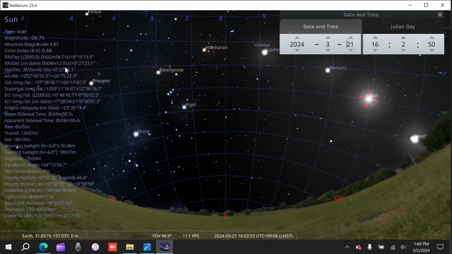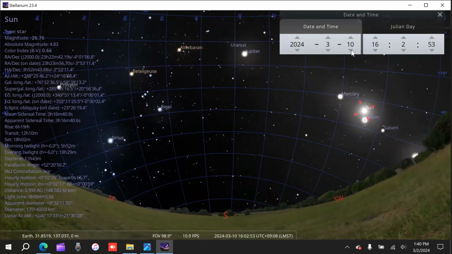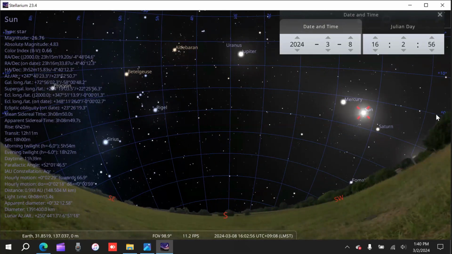As I approach this grid line 0, the coordinate to watch is this set of angles right here, particularly this one. You're looking for this -4 degrees to turn into 0, and that's when you're on that celestial equator.